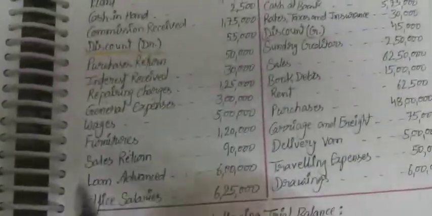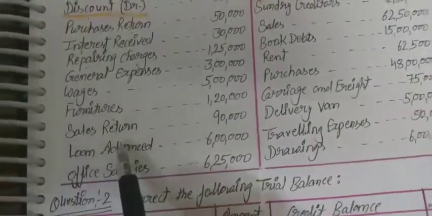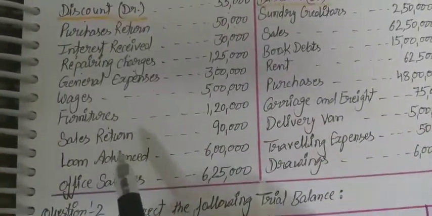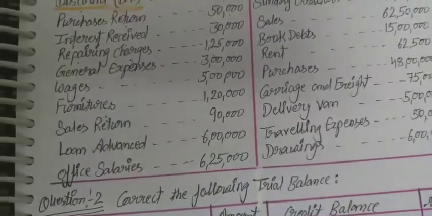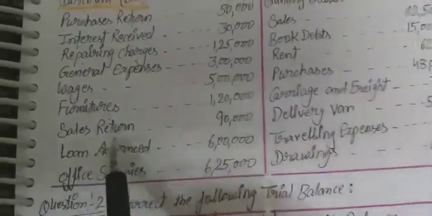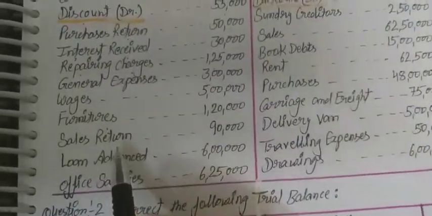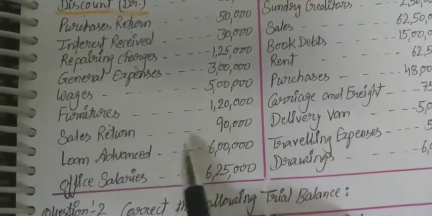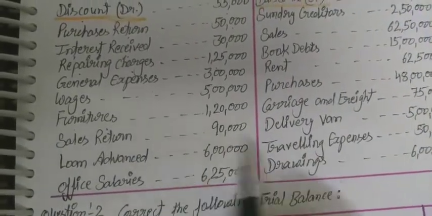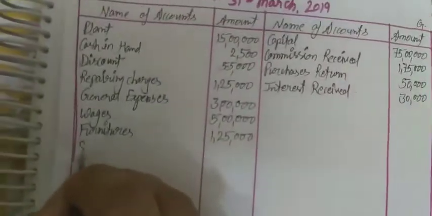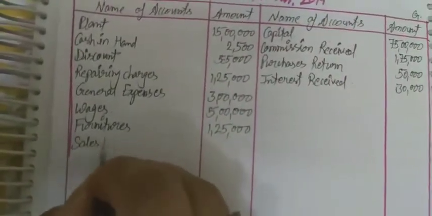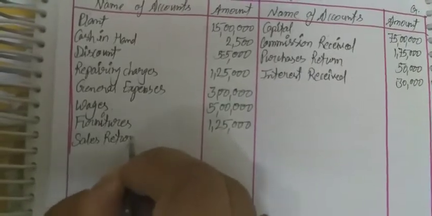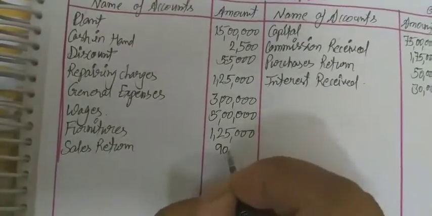Next one is sales return. Students, sales is revenue and that comes on the credit side. So now sales return is a loss for the business. So that's why the loss will come on the debit side. So sales return will show on the debit side, 90,000.